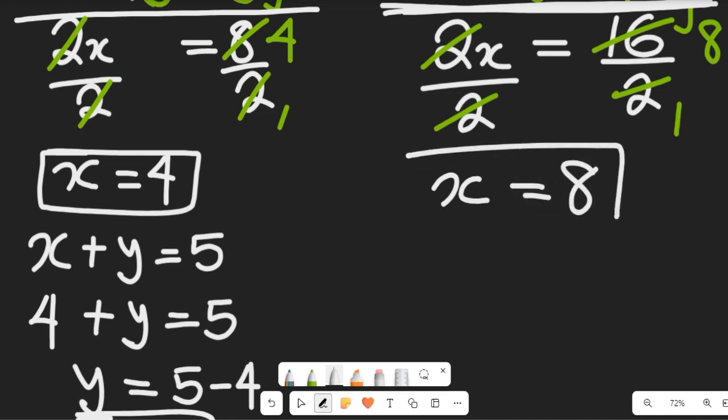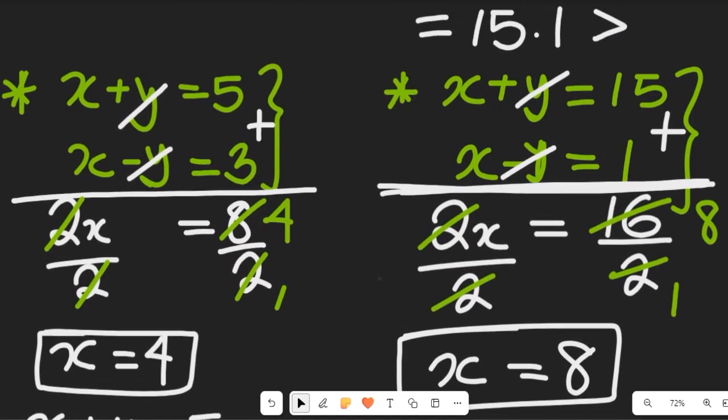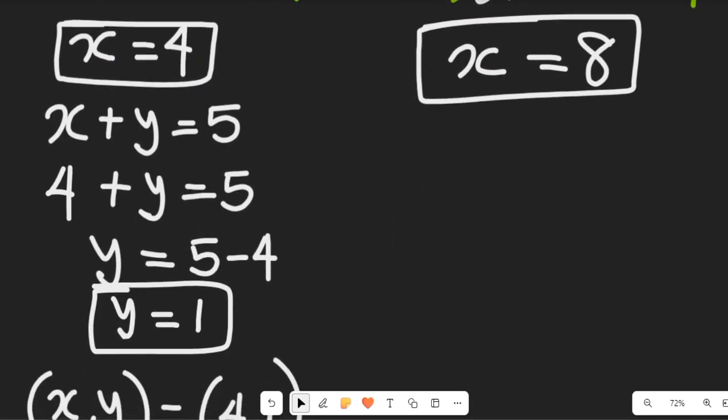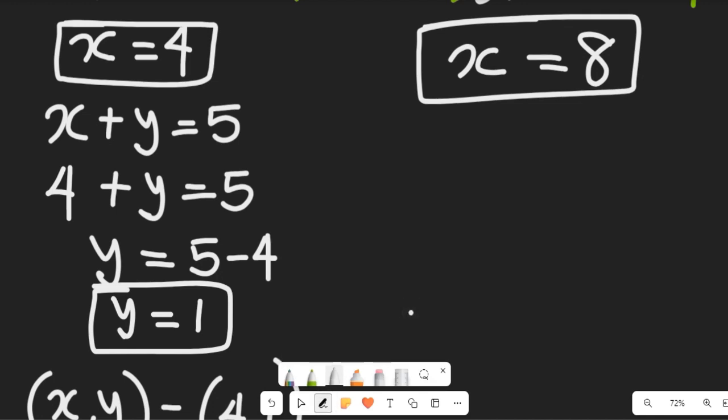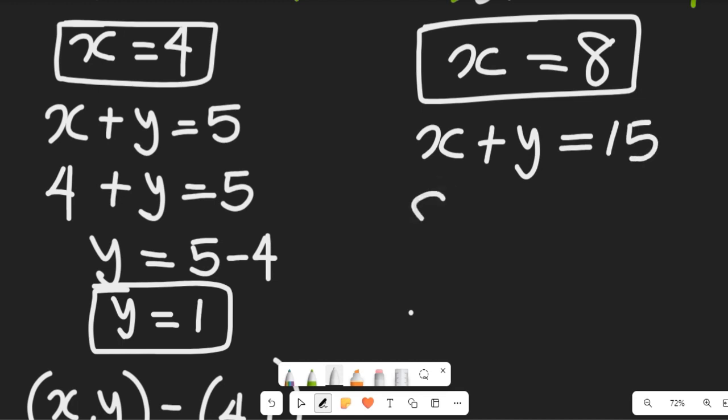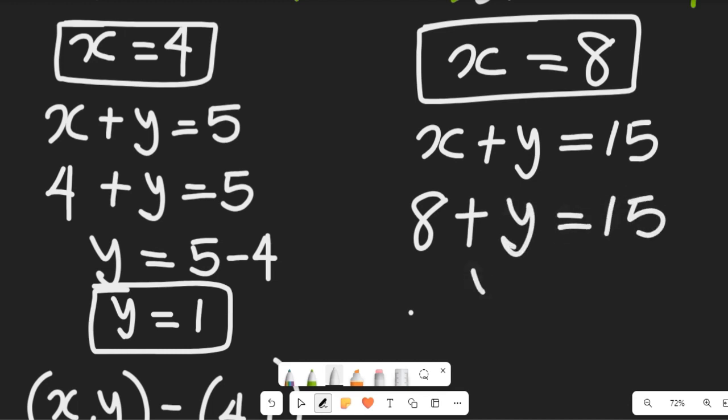Now, if x is equal to 8, we can find the value of y. x plus y equal to 15 is the equation we're going to use. We can also use the other equation to find the value of y. So 8 plus y is equal to 15. To find the value of y, we have to subtract 8 from both sides.